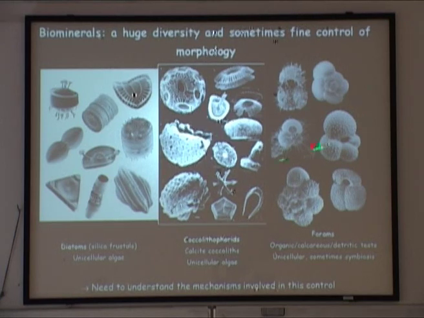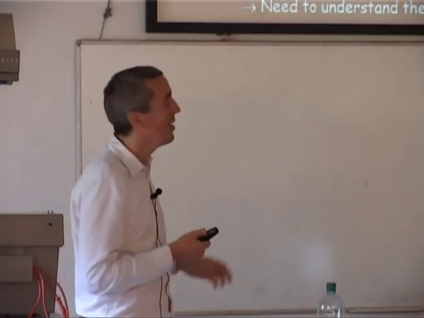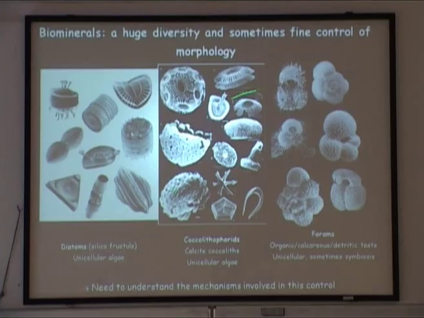This is a scanning electron microscopy of diatoms, coccolith, or forams. We find them, they are abundant in the ocean or in lakes, and they form those very, very nice structures. This is lovely. I mean, even if you don't know what is behind it, it's aesthetically interesting.